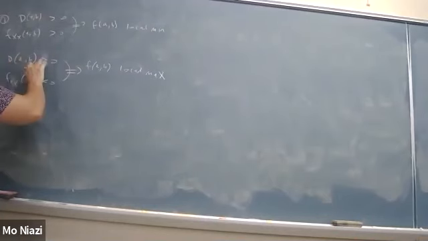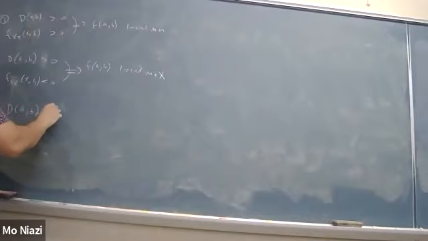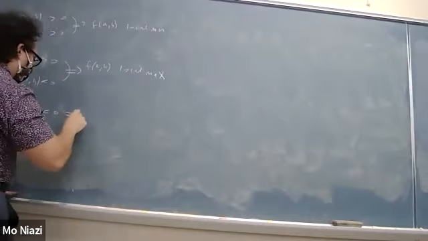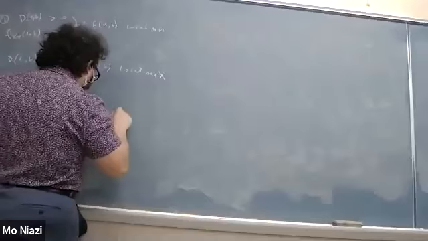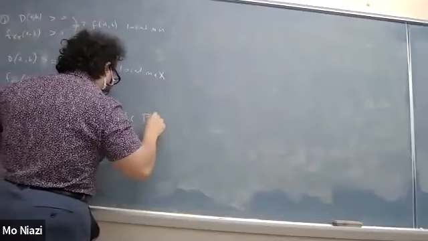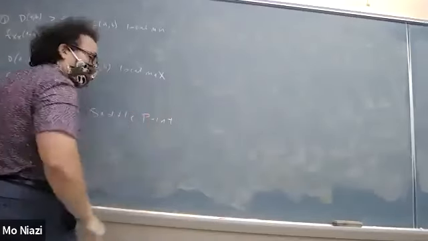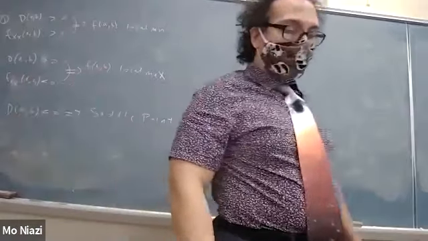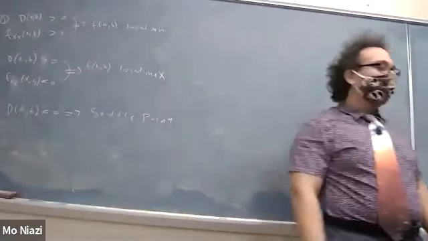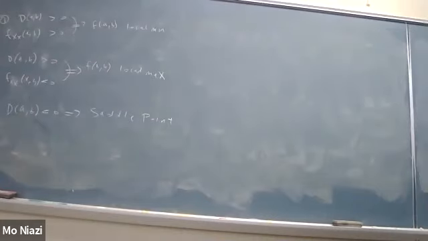Notice here D is positive in all these. But over here, D will be negative. This implies a saddle point. And that actually means neither. Why?